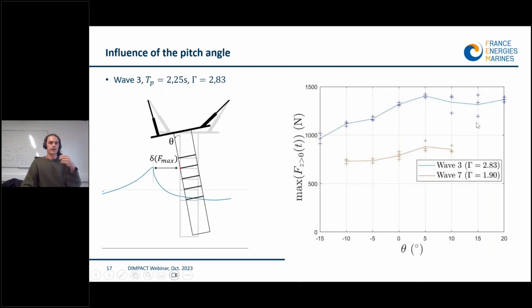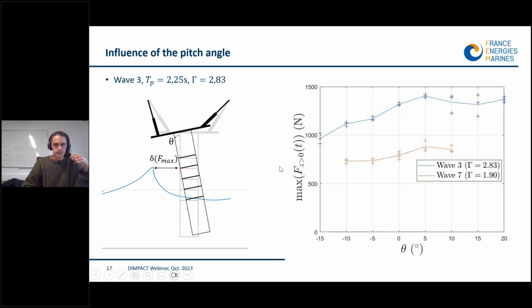Now let us move to the influence of the pitch angle on the breaking wave load. For 2 different waves, we carried out breaking wave impacts with an inclined mockup. The rotation point corresponds to the red dots here, and it was chosen to minimize the effect of the delta changes due to the rotation.